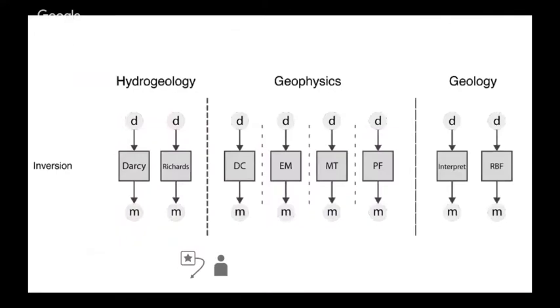And so if we look back at the discipline, before I was saying that if you combine any two of these methods, there's a PhD at the end of it. There are these PhD-sized barriers between the geophysical methods, and there are large barriers between going outside of our field as well.